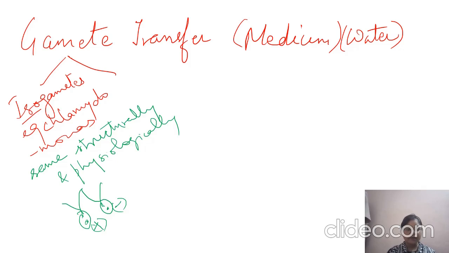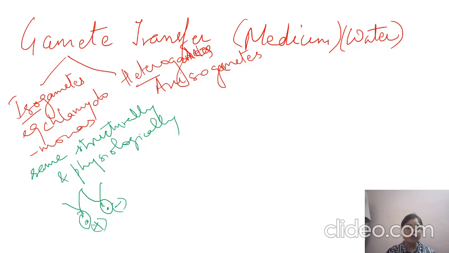And if I now talk about heterogametes, we call them heterogametes, or also anisogametes. It means the same thing. Hetero means different, aniso means different.